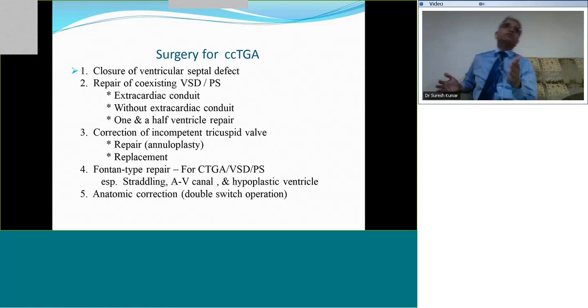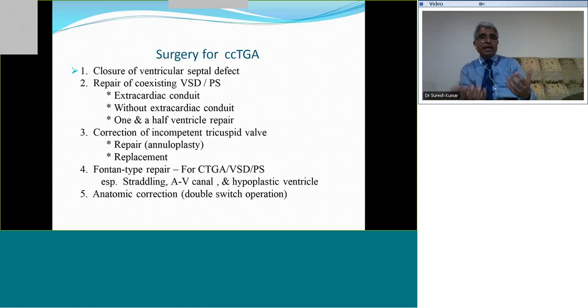When it becomes a physiologic repair, you have still left behind the RV as the systemic ventricle. You may make this a 1.5 ventricle repair. If you have some concern about the ventricle's adequacy, then take away the superior vena cava from that circuit, do a Glenn, and it will become a 1.5 ventricle repair. So surgery might involve surgery for the incompetent tricuspid valve on the left side.